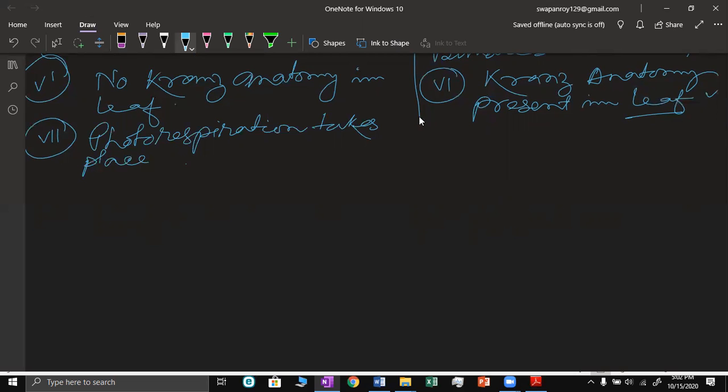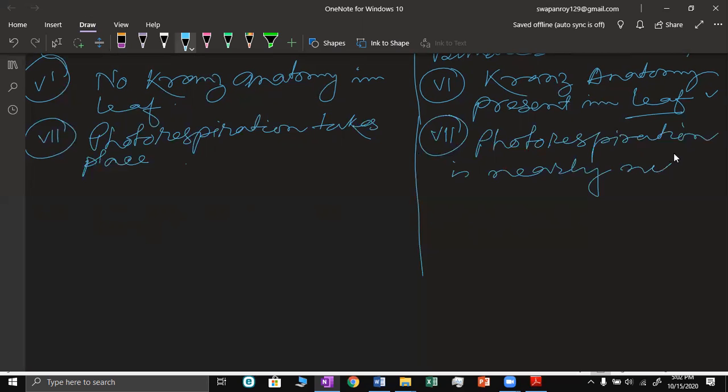But here in the C4 plant, photorespiration is nearly nil.